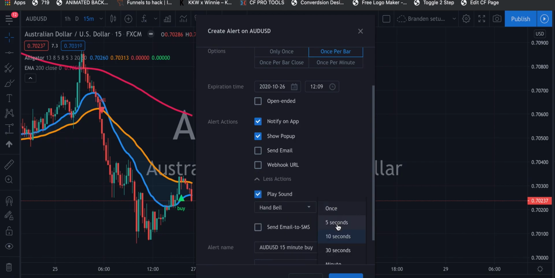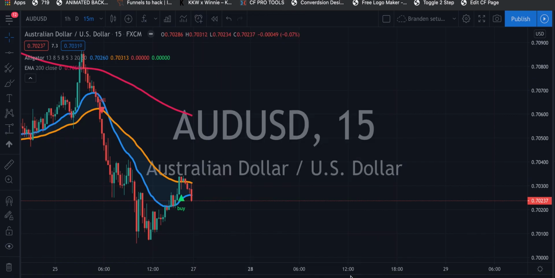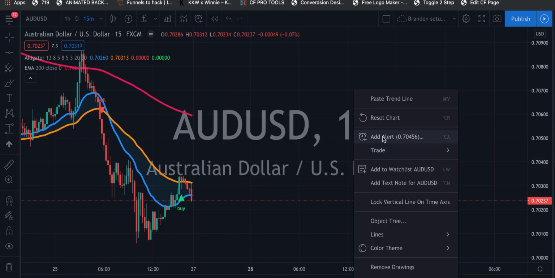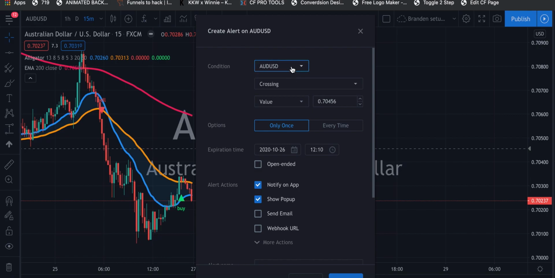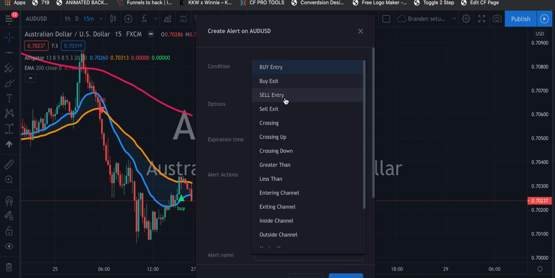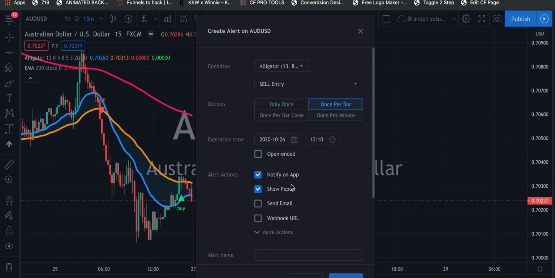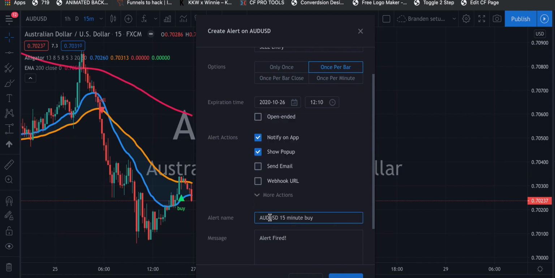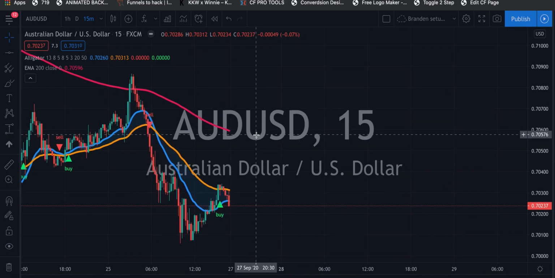I can say it can last for 5 seconds because I don't want to hear it all day. Hit create. I do the same thing for sell. Once per bar. Sell, and then I can just check it on my phone and see if it matches up via the app, and then hit create.